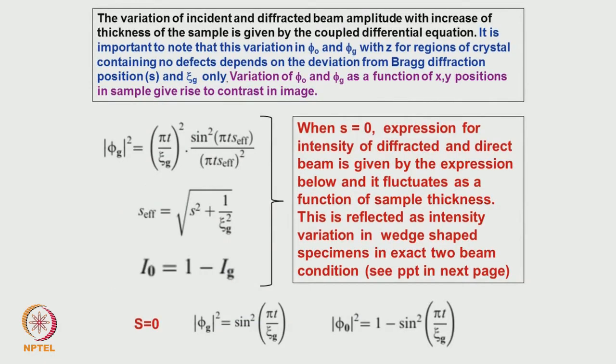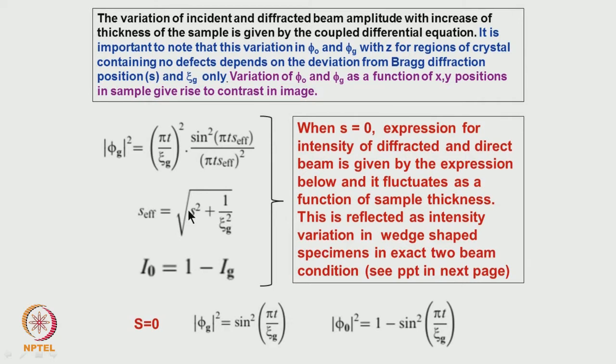Not only that, suppose s effective is there, then like the way we explained it for the kinematical theory, we can take s effective and t. The way we explained in kinematical theory, when s is very large, psi g will increase, this term will become 0, s effective will apply, and then the kinematical theory is valid.